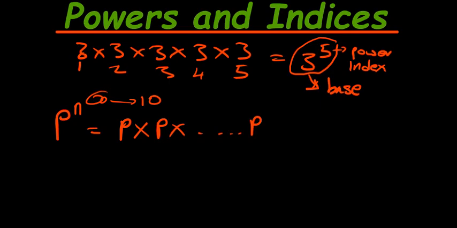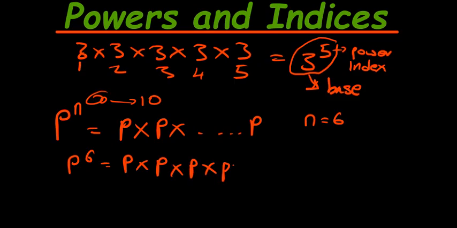So in this case, if the value of n was 6, we can just say p to the power 6. How many times is p going to multiply? P is going to multiply 6 times. You're just going to be multiplying p by p: 1 2 3 4 5 6. So which simply means that p has multiplied itself 6 times. So basically that's what you have to know.